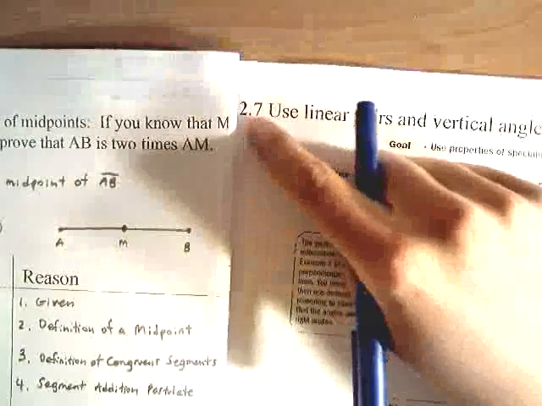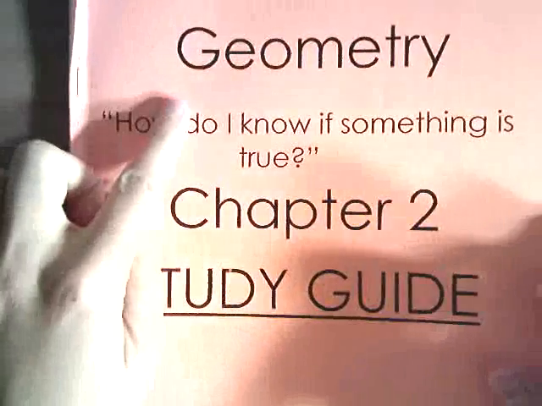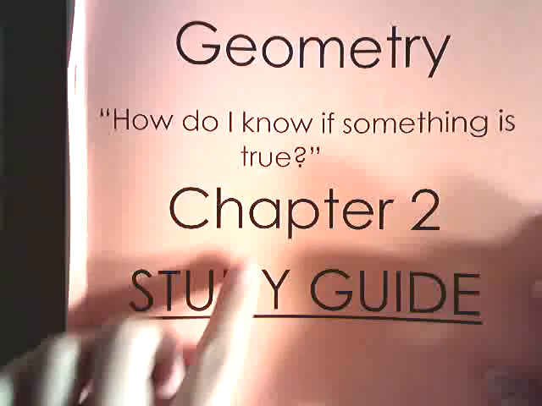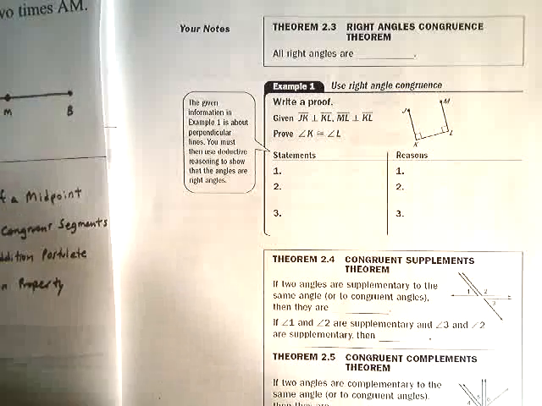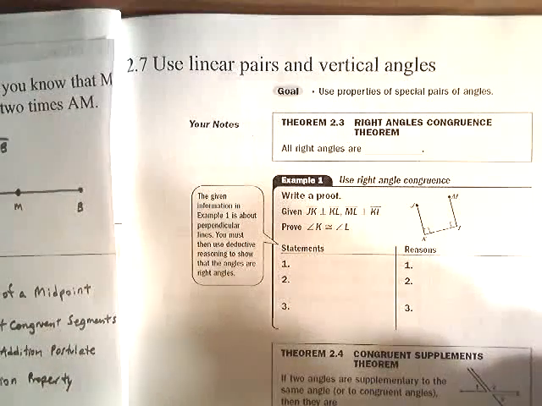Okay, so this is the lesson for chapter 2, section 7. This is a lesson out of the geometry study guide for chapter 2. This lesson is on using linear pairs and vertical angles.